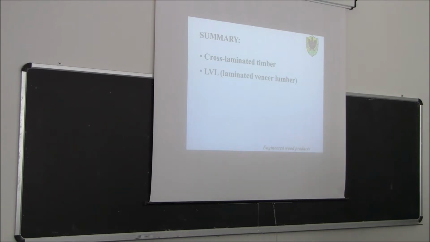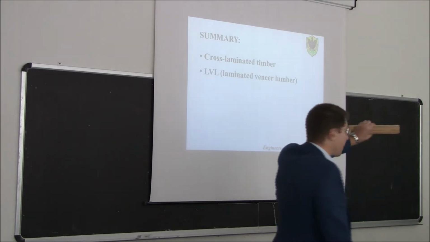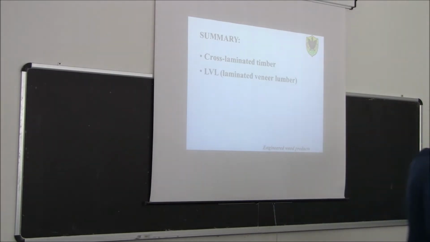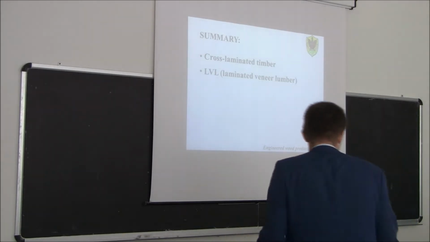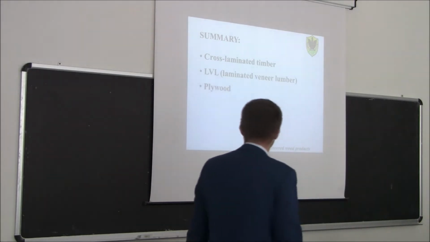Then we will talk about another material that we cannot find in Italy at the moment, which is called LVL, laminated veneer lumber. In Italian, it has been translated into microlamellare. This is not used in Italy, but is very much used in countries such as Finland, the Scandinavian countries, and also in France, Germany, and more recently Switzerland.